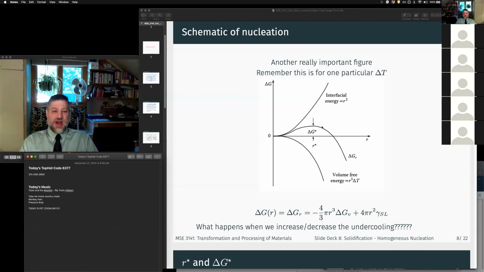And this drives so many things. This is really, really important in solid phase transformation, right? In that case, we also have an additional term, the elastic strain term, that needs to be considered. But the same concept holds, right?